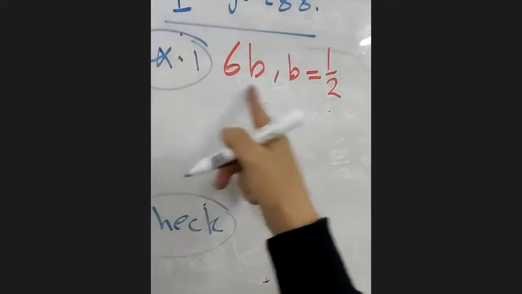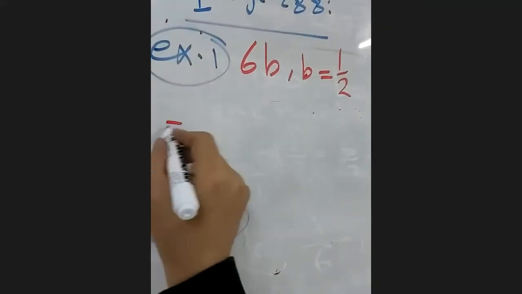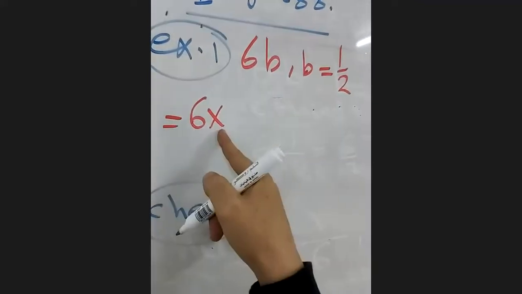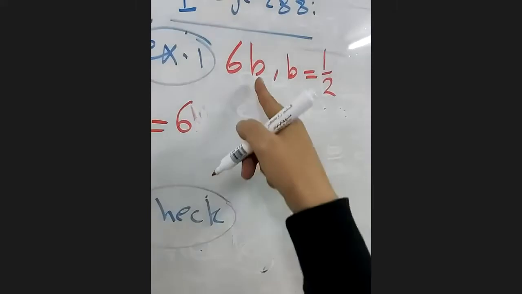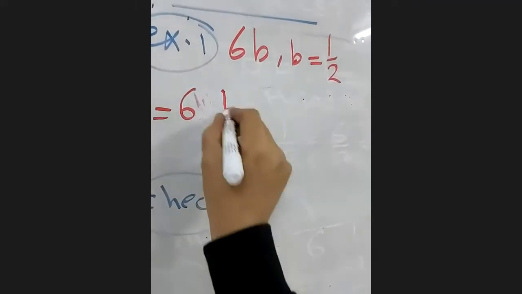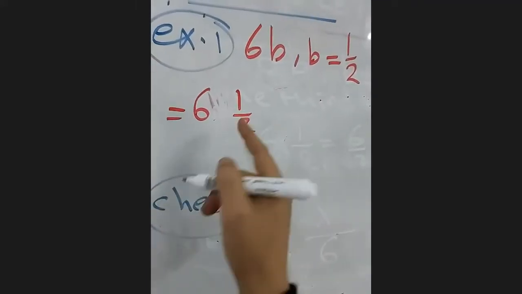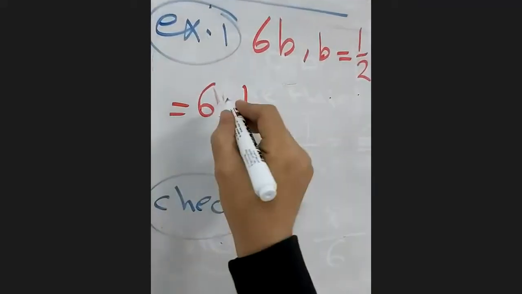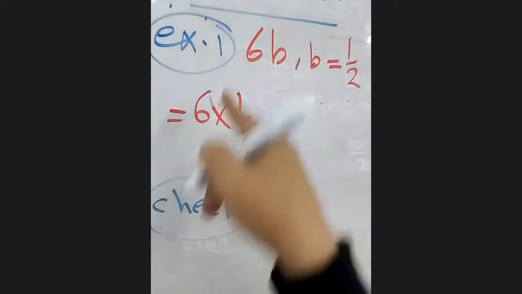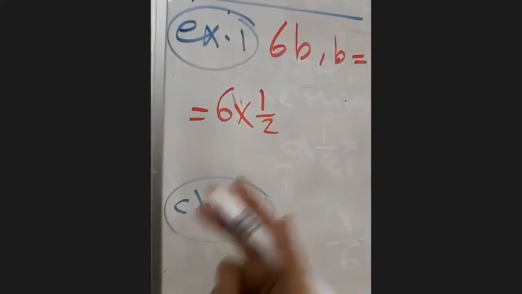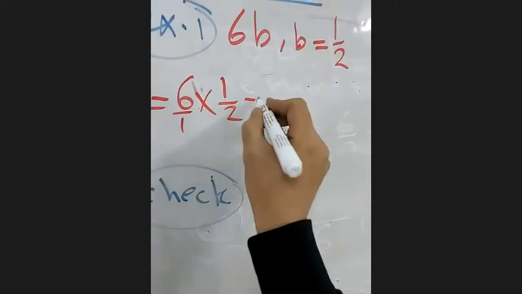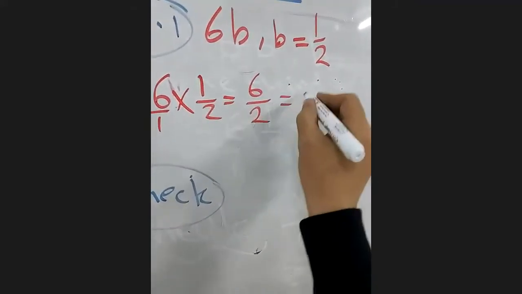So to evaluate this algebraic expression, I will say equals 6b means 6 multiply b. Do not write 6 and then half next to it, just replace b with half. This is wrong. Here we have a numerical expression. We need to have something between them. And if nothing is here, it will be what? Multiply. Now we multiply a number with a fraction. We know that it will be 6 over 2, which is 3.